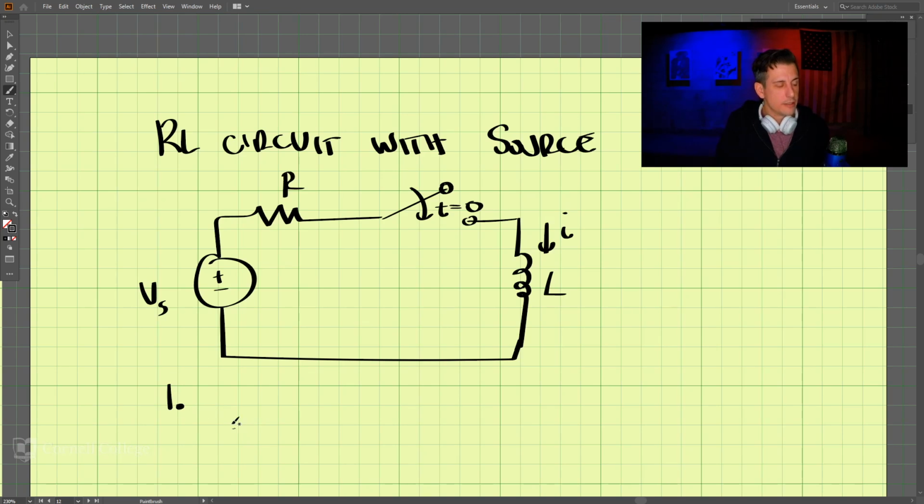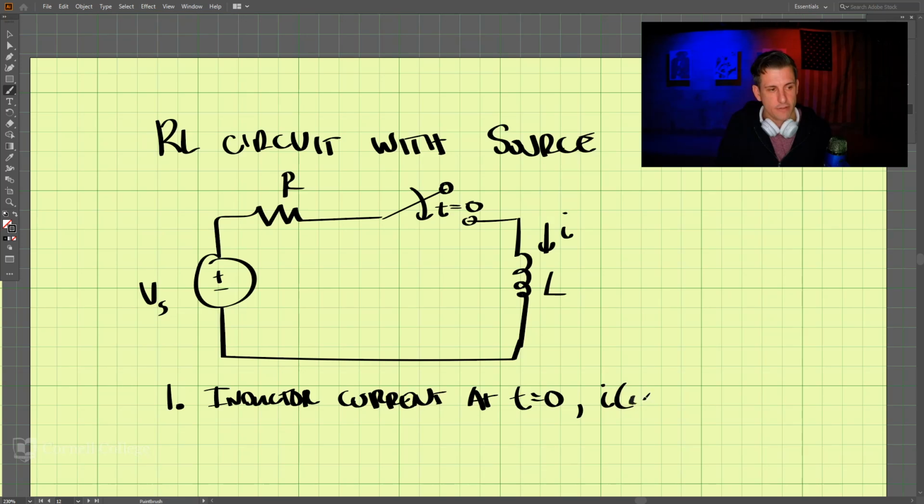We need to find the inductor current at t equals 0. So this would be I of 0.